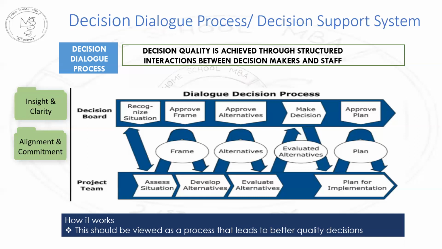The team means the workers, the staff, the subordinates, those who provide them scientific data, and those who bring different alternatives based upon the market study or the situation. Therefore, they provide input to the decision board, and the decision board, based upon that scientific information, takes a decision, and the decision taken by the decision board becomes a kind of mandatory action for the organization. That's what the decision board and the decision project team mean.